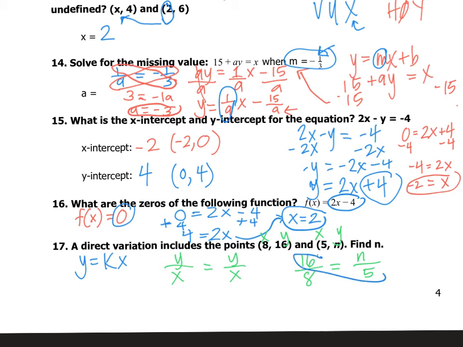So when I do 16 times 5, 10 times 5 gives me 50, 6 times 5 gives me 30, 50 plus 30 gives me 80, and then 8 times n gives me 8n. So now I just divide both sides by 8, and so I get n equals 10. So my missing value was 10.